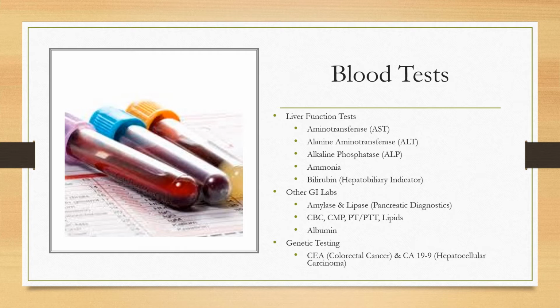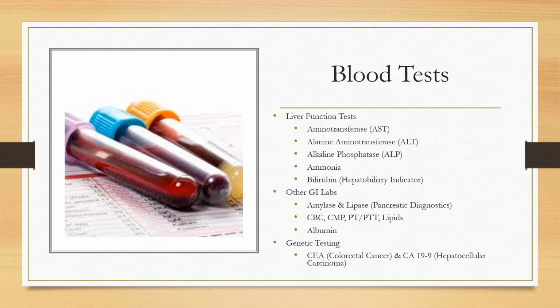AST and ALT are enzymes that are typically within hepatocytes, so anything that destroys the hepatocyte, the liver cell, releases AST and ALT into the bloodstream.